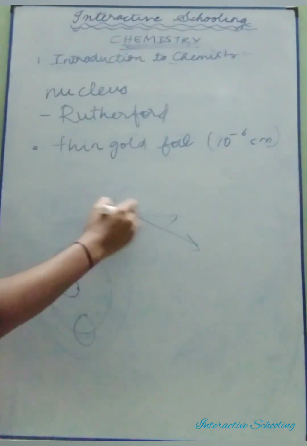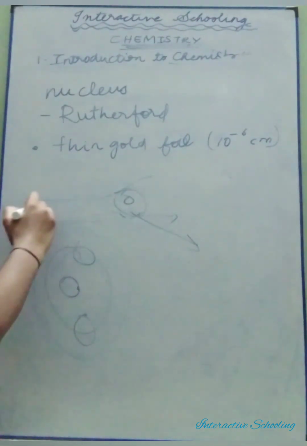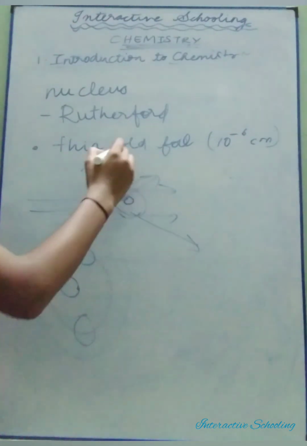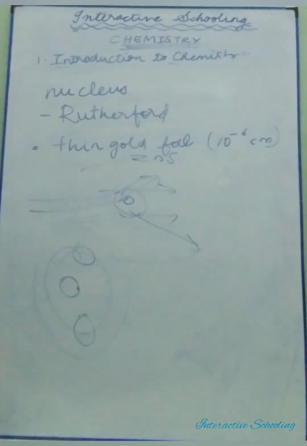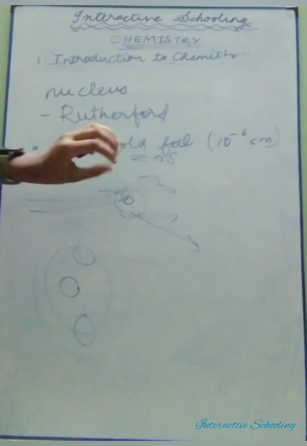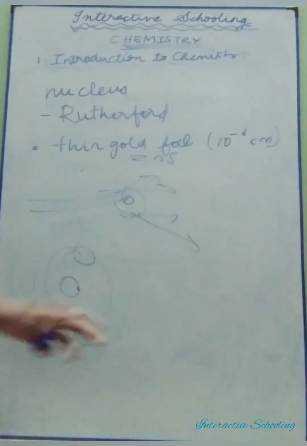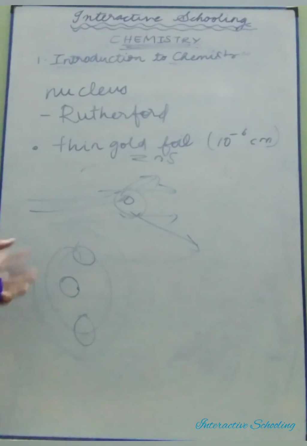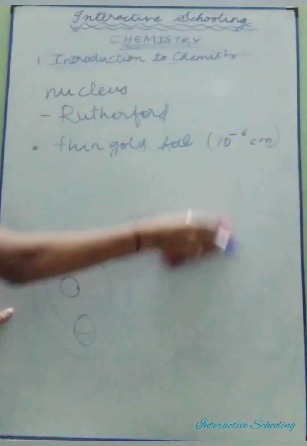One more thing, around this there was a zinc sulfide screen. As we know, anode rays produce fluorescence on the zinc sulfide screen. So something related to that topic, for that he had kept this zinc sulfide screen.